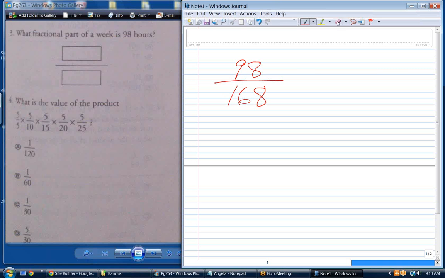It'd probably take me 30 seconds to reduce that fraction. I'm not sure if your calculator is going to be of assistance with something like that either. With a graphing calculator, you could turn that into a decimal and then turn it back into a fraction in 2 steps, and you would have the reduced fraction. But what I was kind of getting at was, let's write it like this.